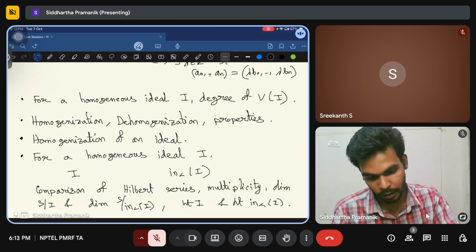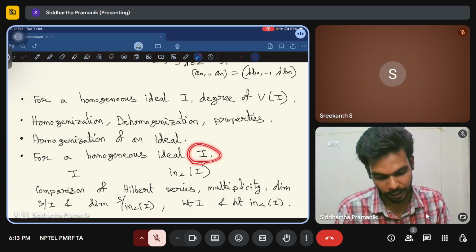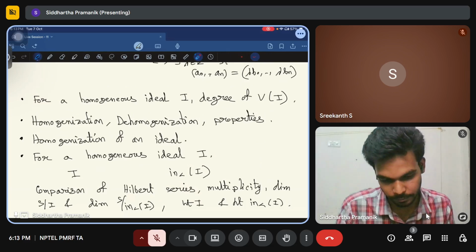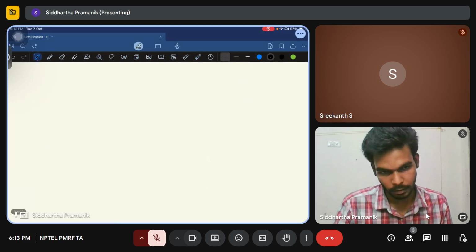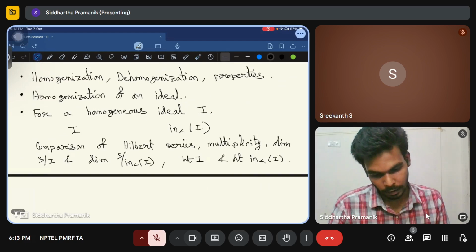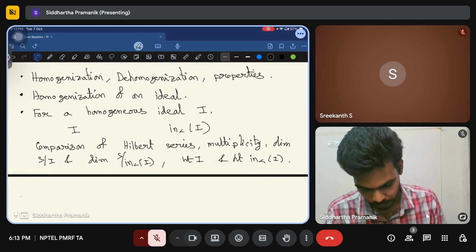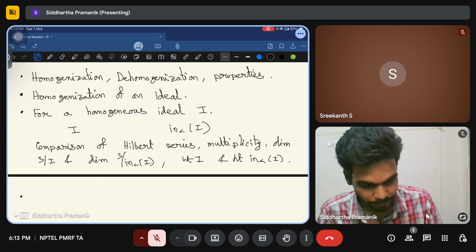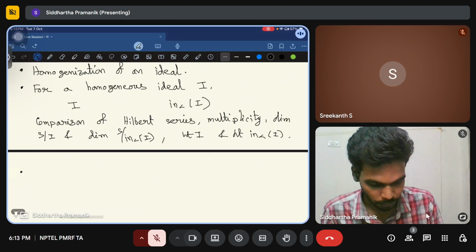This is for a homogeneous ideal, not for an arbitrary ideal, because to define the Hilbert series we need a homogeneous ideal. After this, we defined the GCD of some homogeneous elements.